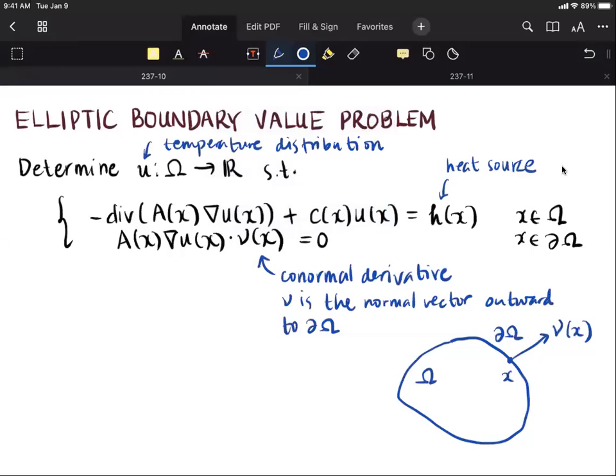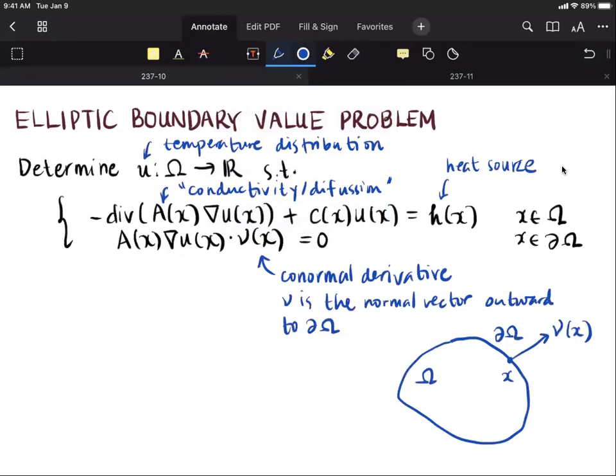This matrix A here can be thought of as your conductivity matrix, or this is the diffusion matrix, which is responsible for how fast or how slow the heat propagates.